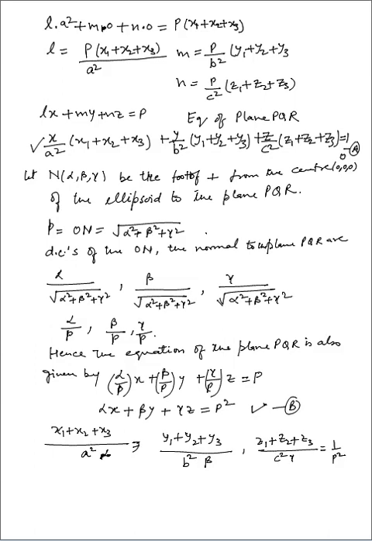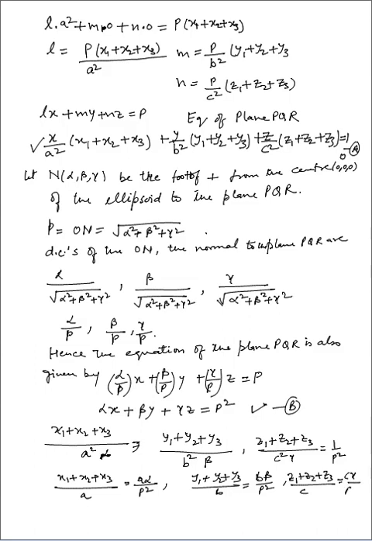So we can write x1 plus x2 plus x3 upon a is equal to a alpha upon P square, y1 plus y2 plus y3 upon b is equal to b beta upon P square, and z1 plus z2 plus z3 upon c is equal to c gamma upon P square.